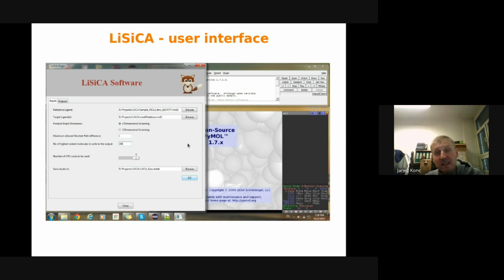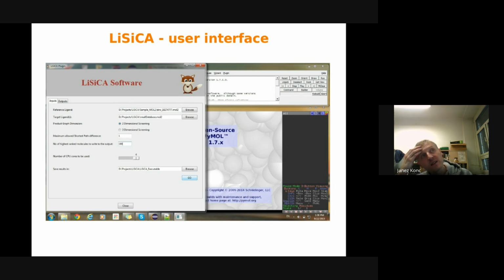The Lisica program is available as a command line program, which you can use on every Linux or even Windows system.